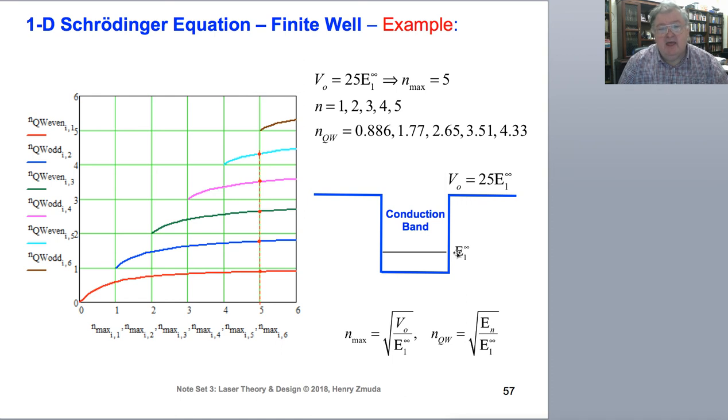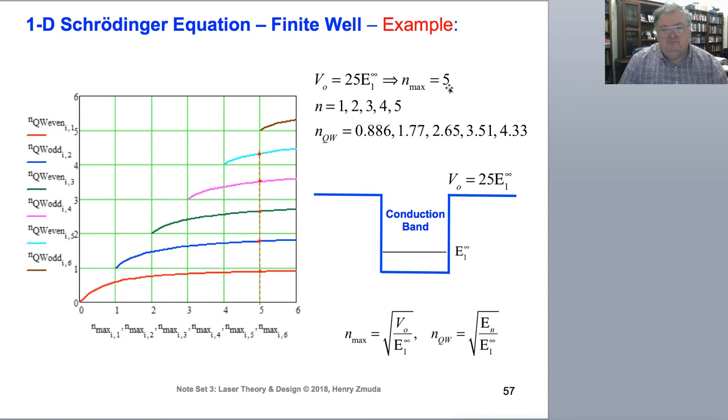Well, that tells me n max, because remember that n max was the square root of V0 over E1 infinity. V0 over E1 is 25, so the square root of 25 is 5. n max equals 5.